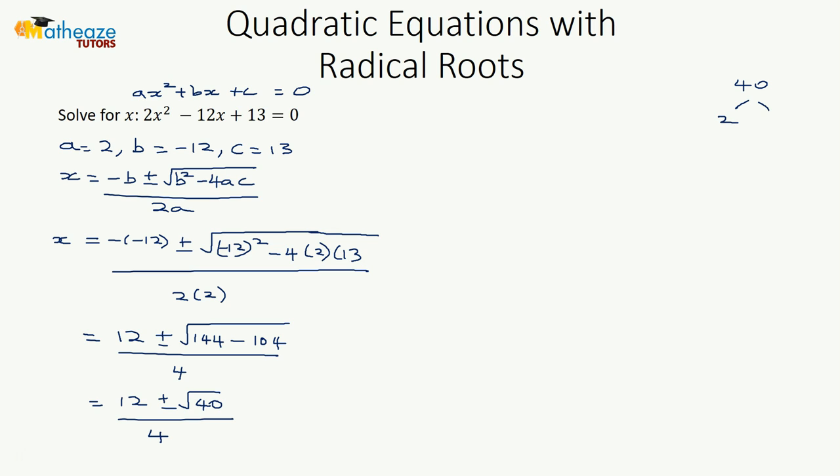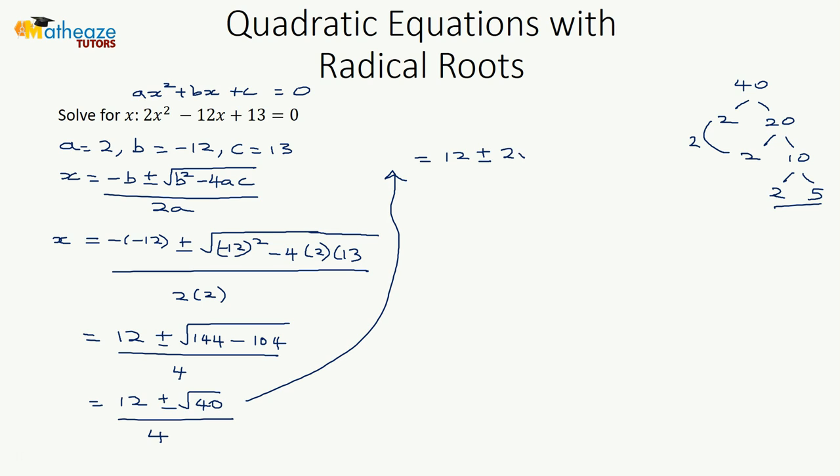We divide by 2, we get 20. We divide 20 by 2, we get 10. We divide 10 by 2, we get 5. So we have a pair here, which is 2, and then we have 10 here. So let's bring this way up here. So this is going to be equal to 12 plus or minus 2 square root of 10 over 4.